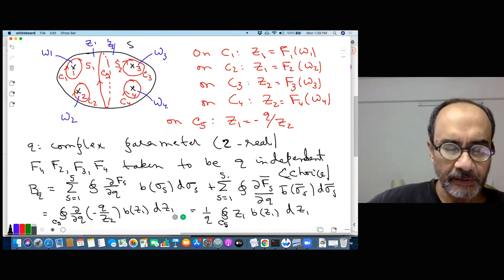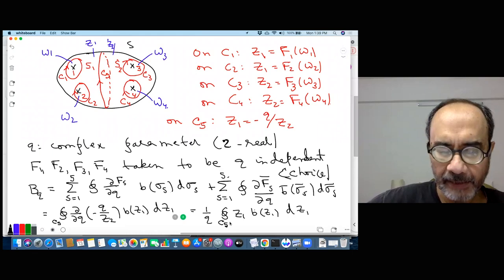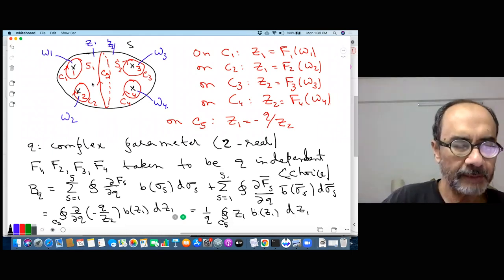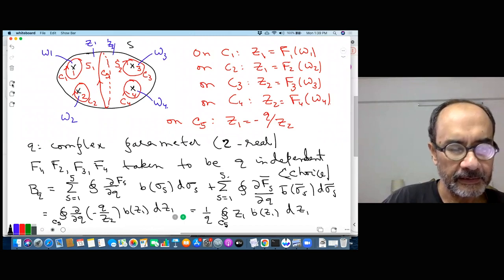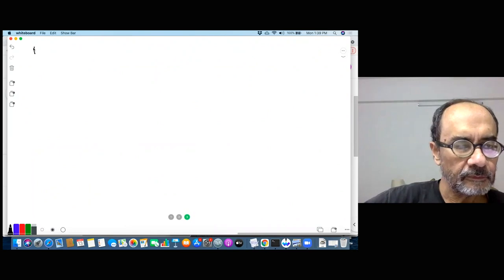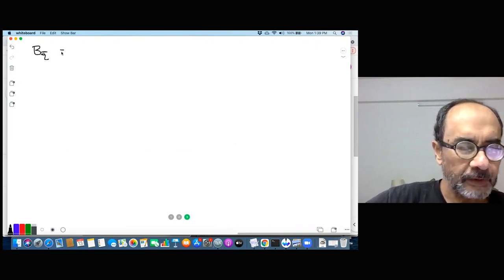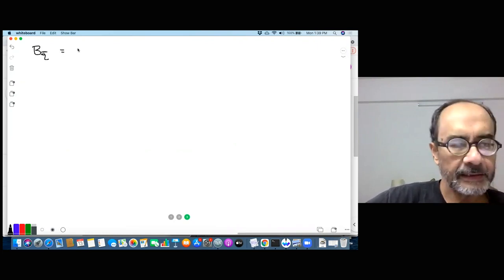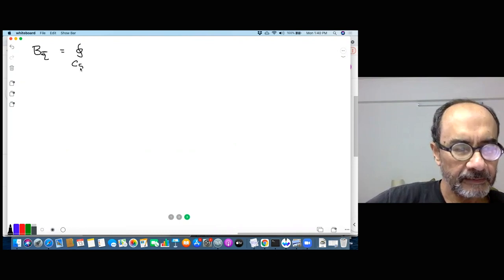And similarly, we can construct BQ bar, which will be 1 over Q bar times integral Z1 bar B bar Z1 bar DZ1 bar. The only thing that depends on Q bar is F5 bar. So this will be integral C5.